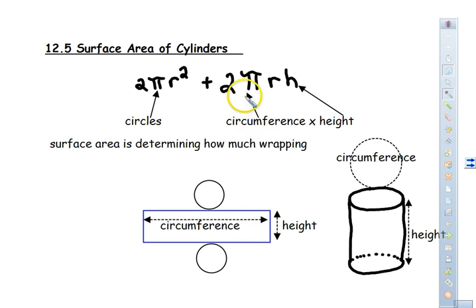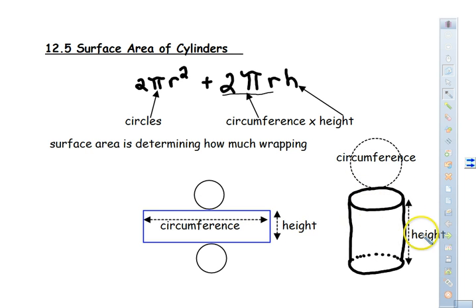So the circumference is 2 pi r. That's finding the circumference. Now h, the height, that's just how tall it is. So we can just simply measure that distance. So the length again is actually going to be the circumference of that circle.